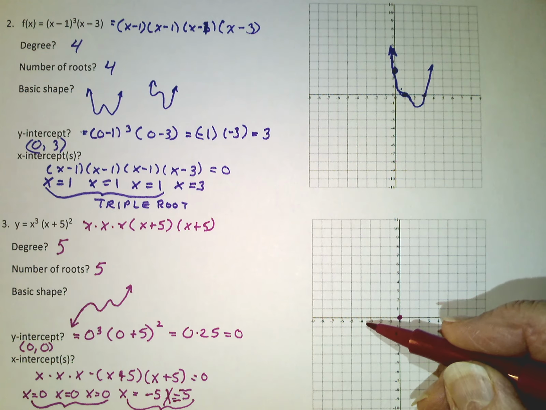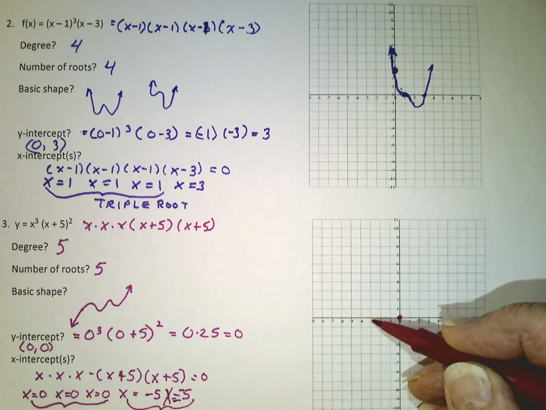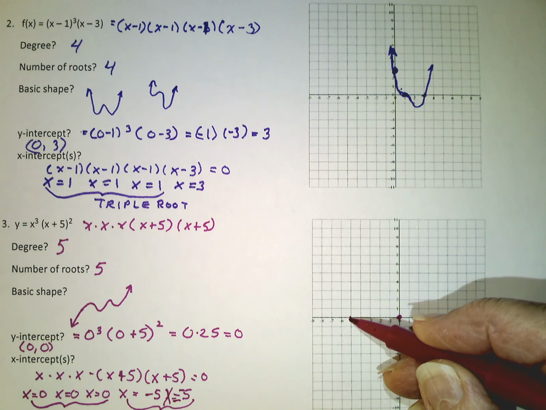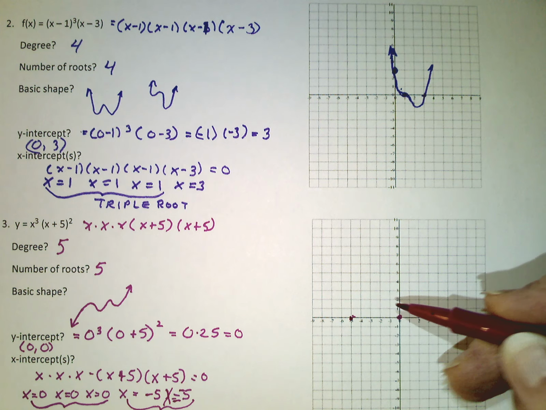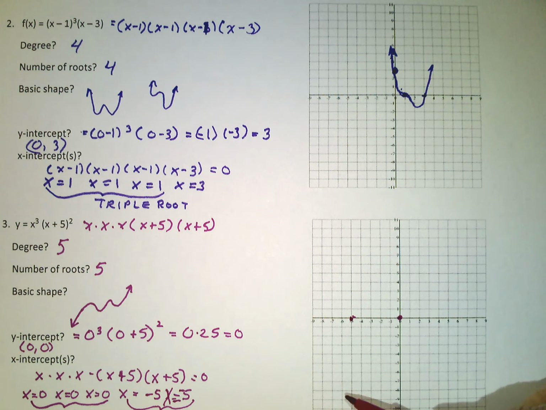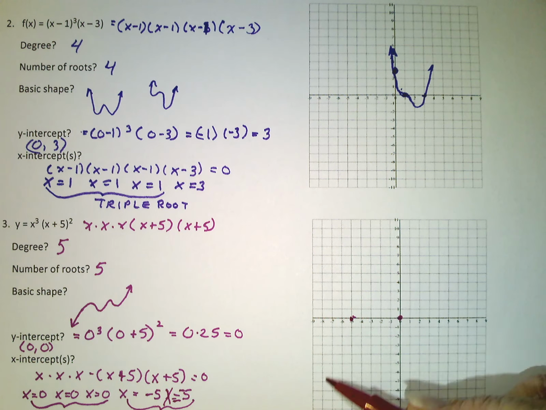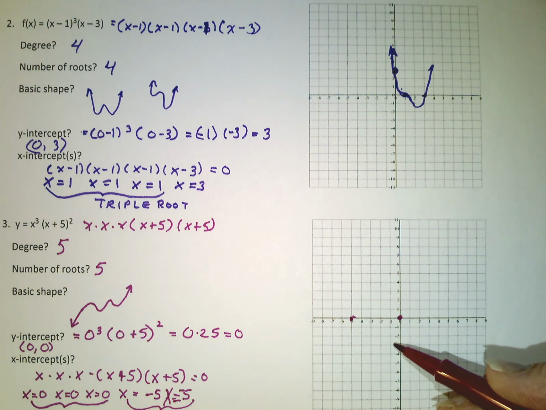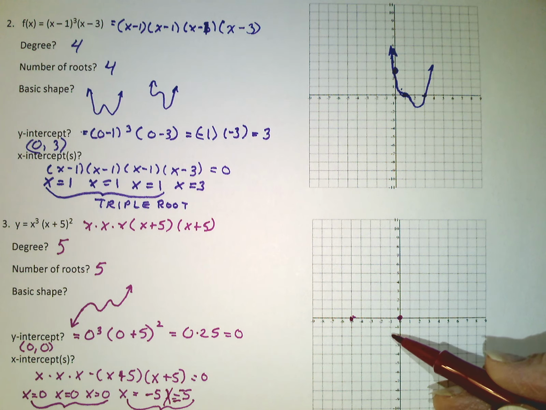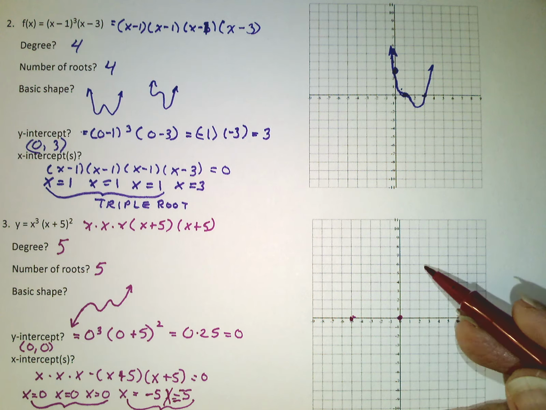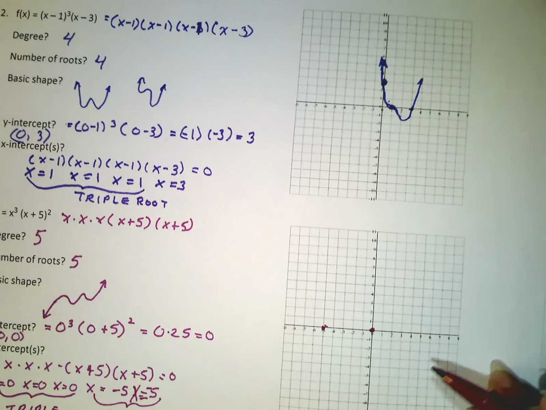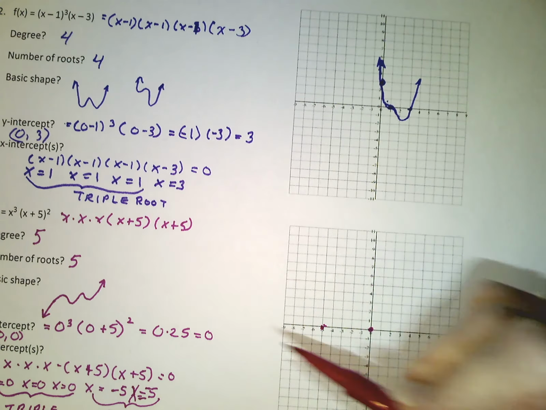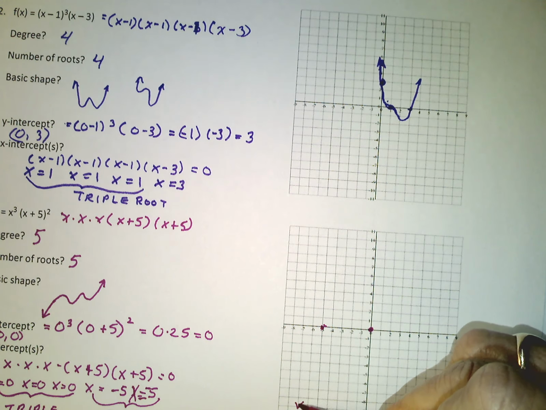So at -5, it's going to bounce off of the x-axis. It's going to come up from -infinity, bounce off of here, turn around, and then it's got to come up through 0, and there it's going to flatten and cross. I'm not sure it's going to look exactly like that.